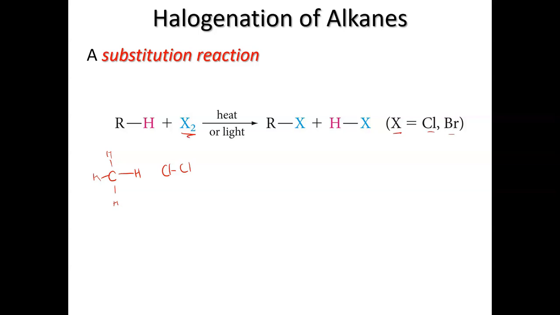With heat or light, we're able to break this bond, and then we do a swapping of that hydrogen and that chlorine. So you can see that's what's happening up here. We have this group, it would look something like this now, and then we have our hydrogen and our chlorine that's left over.